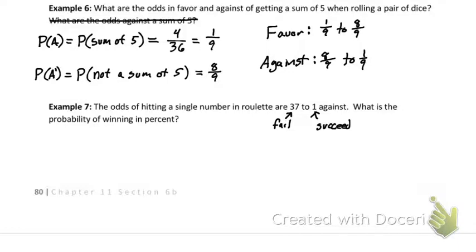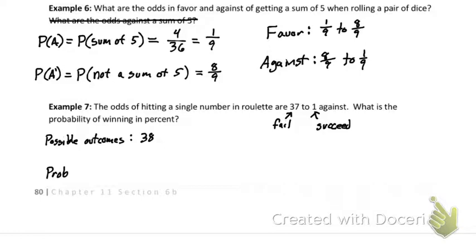Now remember, in probability, it has to be how many times you succeed out of the total number of possible outcomes. There are 38 possible outcomes. You fail 37 times, but you succeed once. So our possible outcomes are going to be 38.